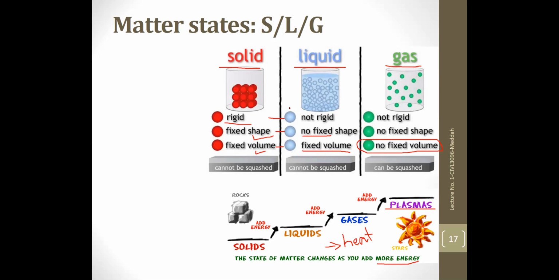If you heat it up to above 100 degrees Celsius, it will be transformed into a gas. But if you freeze it, or you expose it to a temperature below zero, it will be transformed into ice, which is a solid material. So the same material could have three different states, depending on the temperature it is exposed to.